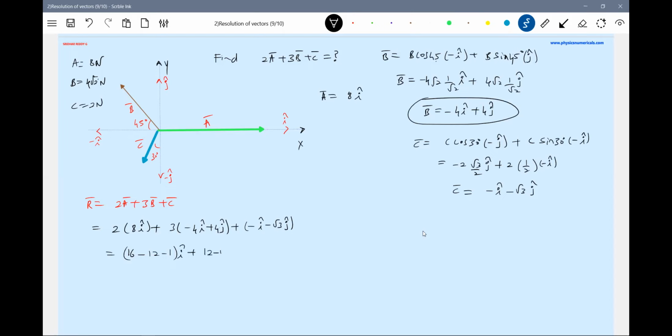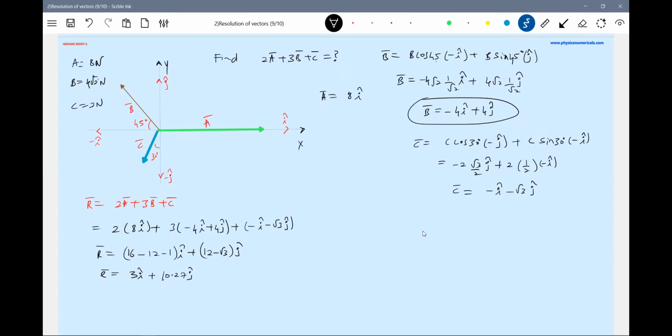This will be 12 minus root 3 J cap. This will be 3 I cap. 12 minus root 3, root 3 is 1.7. So 10.27. This is R bar.